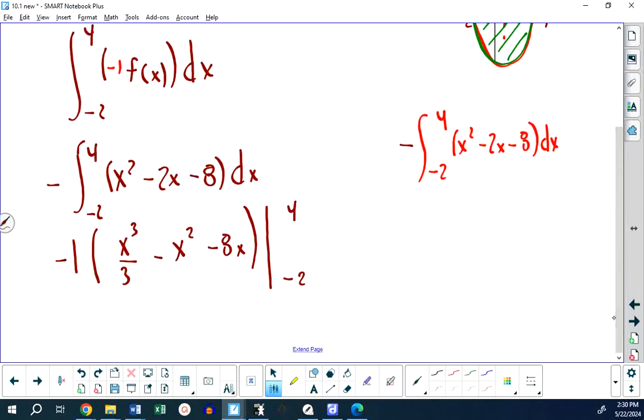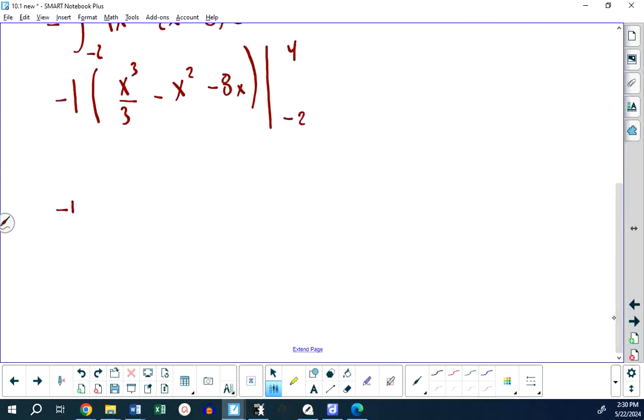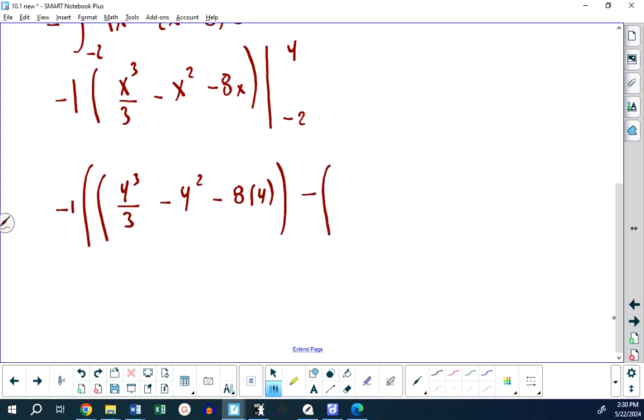We're going to have negative 1 times, I need to put in, 4 cubed over 3 minus 4 squared minus 8 times 4. Subtract negative 2 cubed over 3 minus negative 2 squared minus 8 times negative 2.